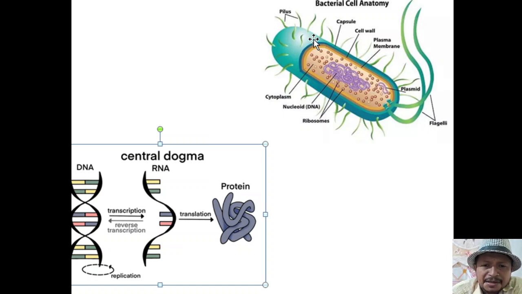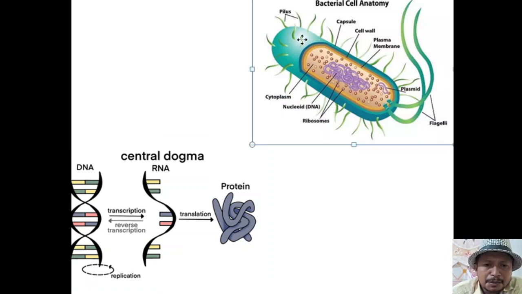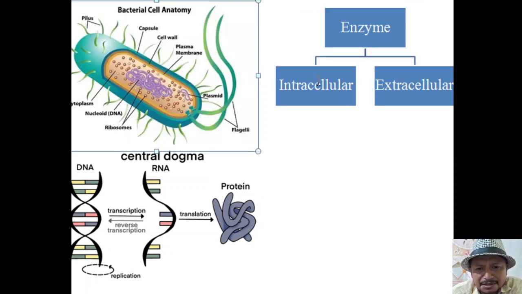Depending on its position, an enzyme may be intracellular or extracellular. Intracellular enzymes are present within the cell and are not secreted. Extracellular enzymes are secreted outside into the cell environment.